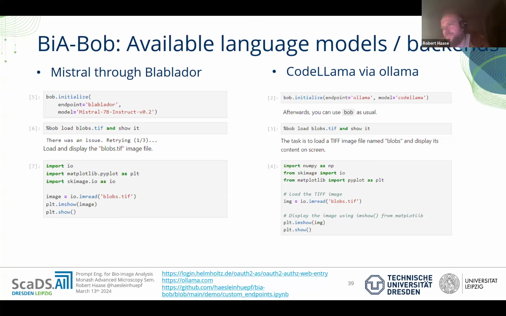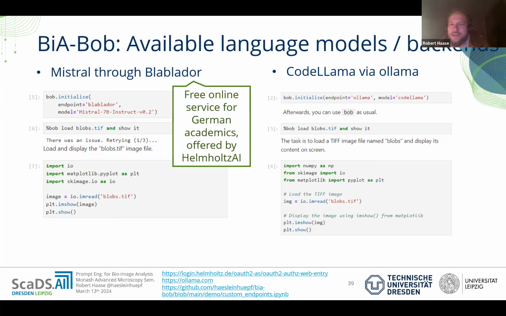You can also use this technology with BlaBlaDoor, which is maybe not so relevant for Australians. But if you are a German academic or have an affiliation with a German university or a German research center, you can use this infrastructure for free. It's basically an OpenAI-style server which allows you to run open source models. So you do not have to buy fancy infrastructure or expensive graphics cards to do that yourself.